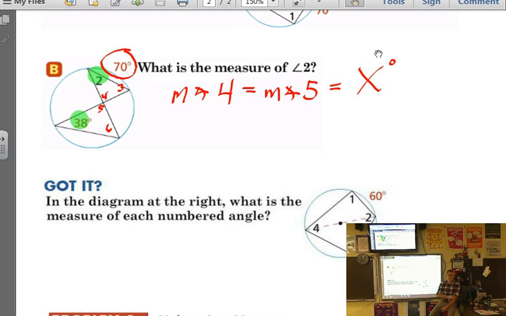Let's write down everything we know. Okay, so it's a chord. So if, wait, okay, I was going somewhere with this. Alright, so if 38, wait, can I come to the board for a second?